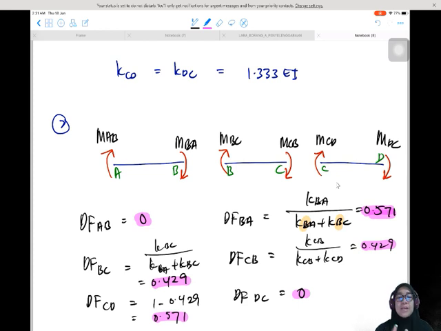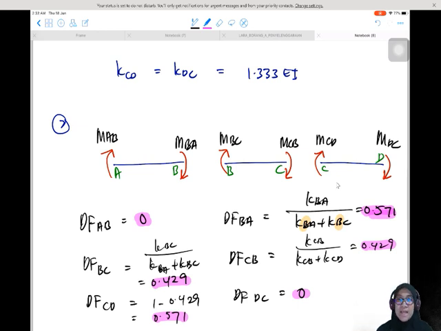Step number 2, we determine the distribution factor. The distribution factor is important in order to distribute the moment after this. Okay, so the member end moment will start with the moment that we get from the fixed end moment.